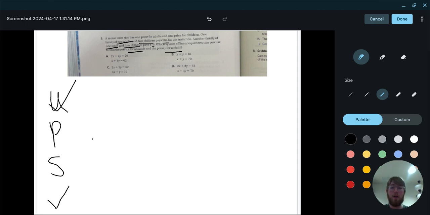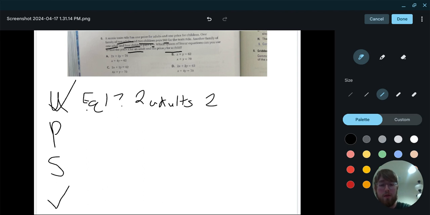So I'm going to write out what I underlined. That way we don't have to worry about juggling all this extra information in the word problem. We just have the information that we need right in front of us. For equation 1, potentially, I'm going to write equation 1 question mark. We have 2 adults and 2 kids for $62.